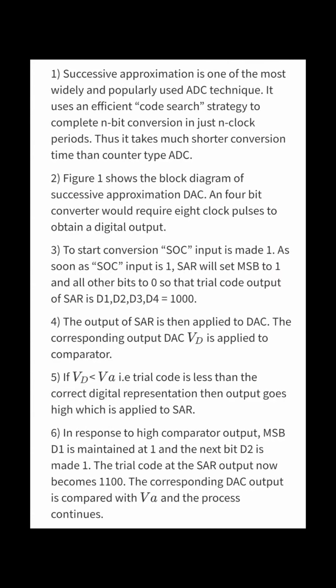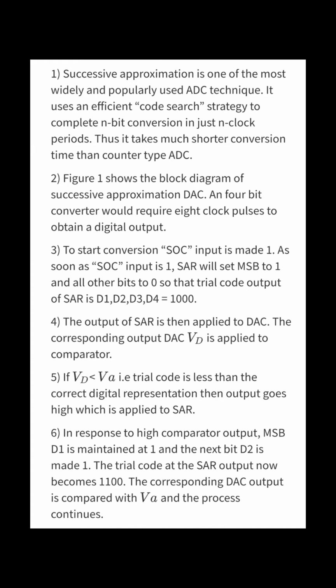As soon as SOC is 1, SAR will set its MSB to 1 and all other bits to 0, so the trial code output of SAR, D1, D2, D3 and D4, is 1, 0, 0 and 0. The output of SAR is then applied to the DAC. The corresponding output of the DAC is VD and is applied to the comparator.